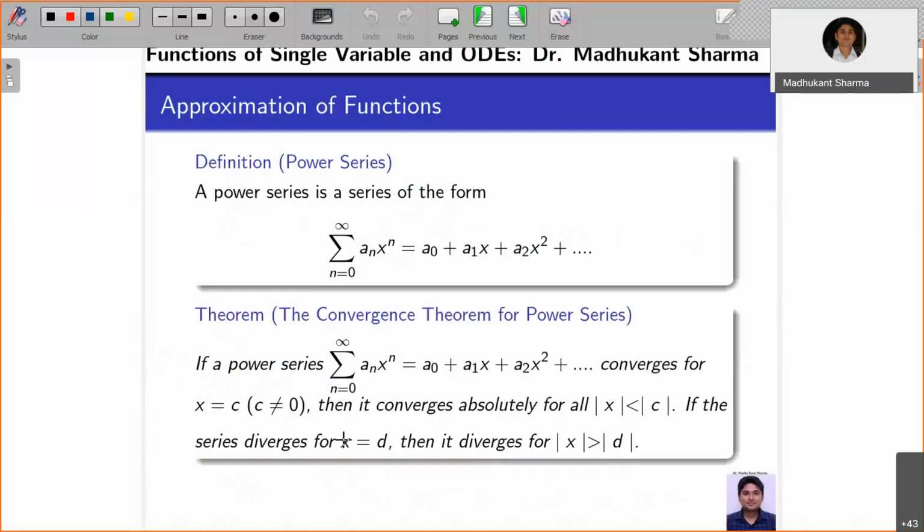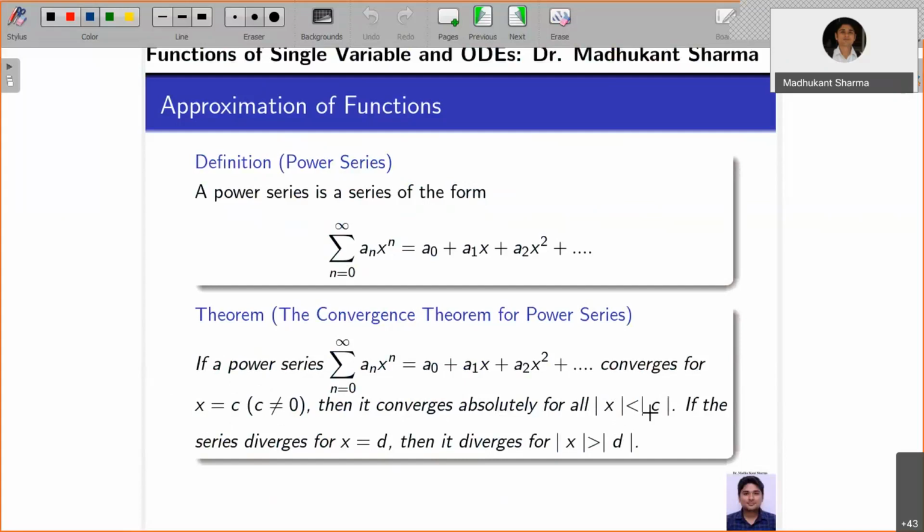So we can make a guarantee about convergence, absolute convergence, in some region, once you are able to identify that the corresponding series is convergent at a certain point. Then you can certainly find some part of the interval of convergence.